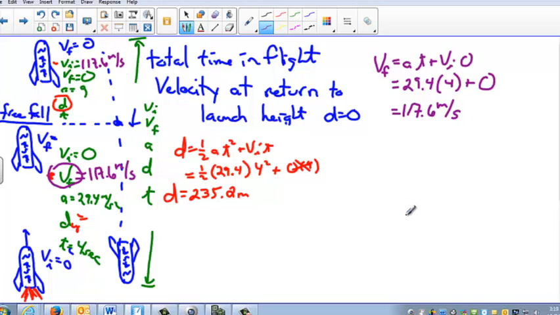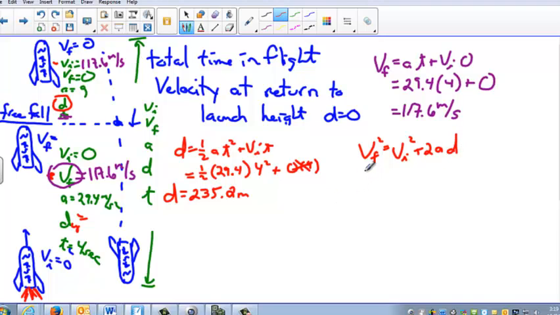So now I know initial velocity, final velocity, and gravity. I'm looking for dy. I need an equation without time, and so that would be equation number 4, which is Vf squared equals Vi squared plus 2AD.